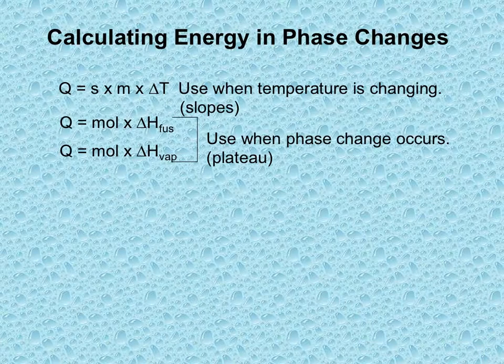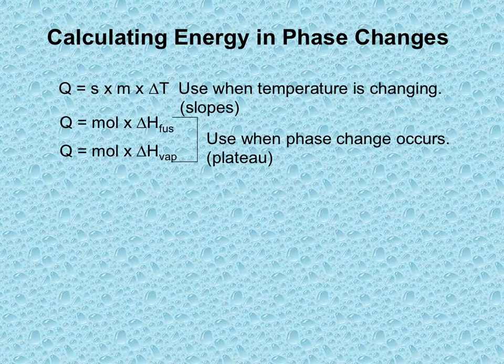Whenever temperature is changing on the slope portion of a heating and cooling curve, we're going to revert back to an equation we've already learned. Heat is determined by multiplying the specific heat of the substance times the mass times the change in temperature. This would be the equation to use anytime you are having a temperature change.